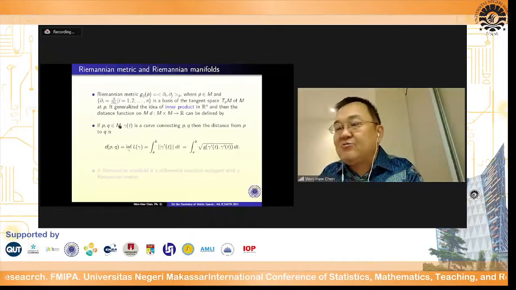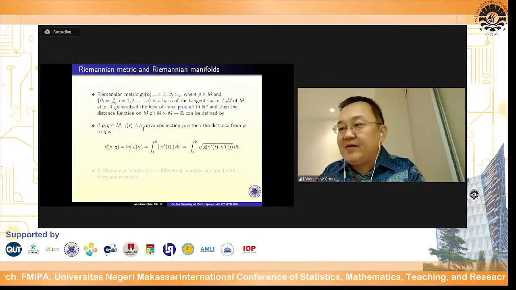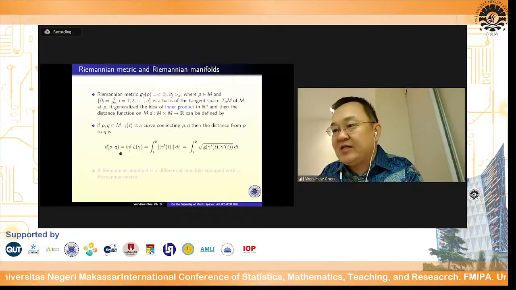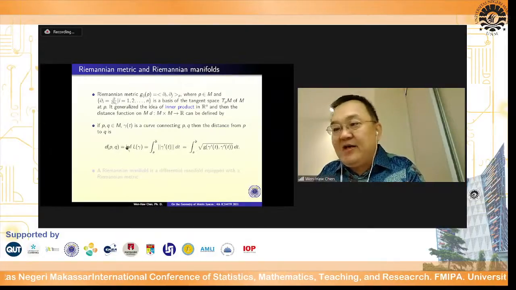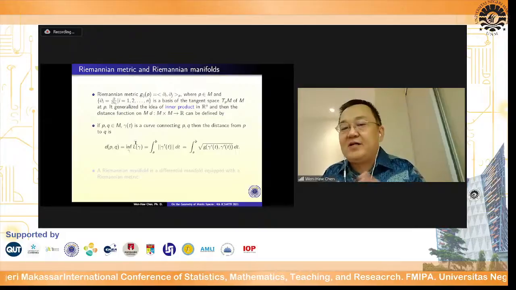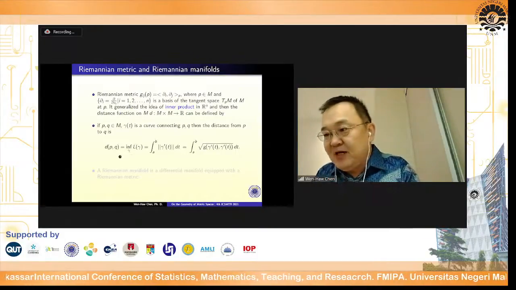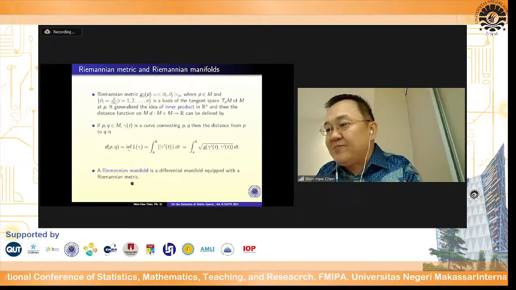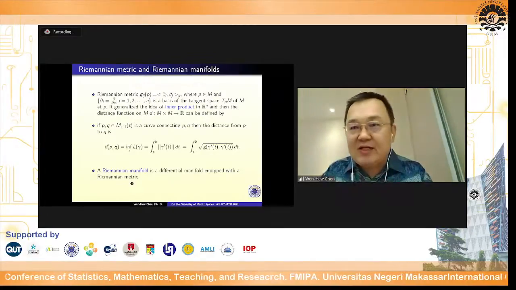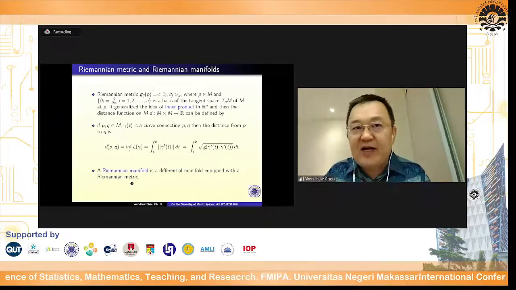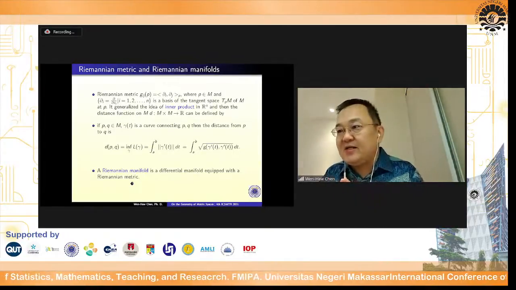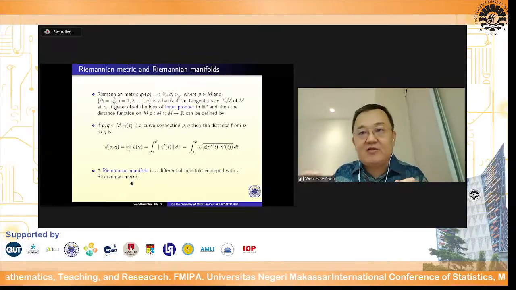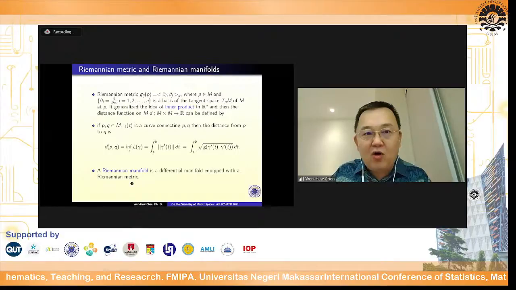If P and Q are two points in the manifold, we can have a curve connecting P and Q, and then the distance from P to Q is the infimum of the length of the curves connecting P and Q. So a Riemannian manifold is a differentiable manifold equipped with a Riemannian metric, with which we can compute the distance between two points on the manifold.